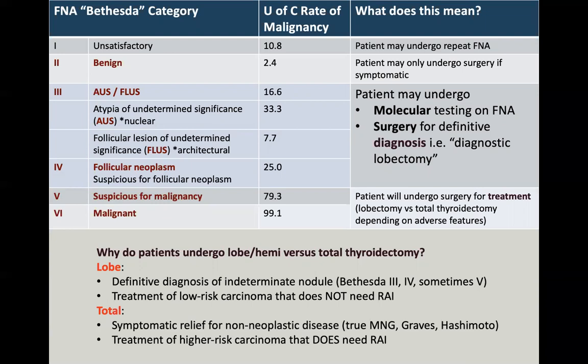The only reason for someone with cancer to get a total thyroidectomy is really treatment of a higher risk carcinoma that does require RAI. So the concept now is minimal in thyroid, meaning there are some countries that essentially don't even biopsy patients with nodules under a centimeter because they know they're such low risk.